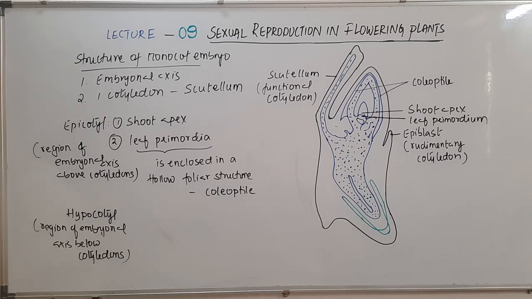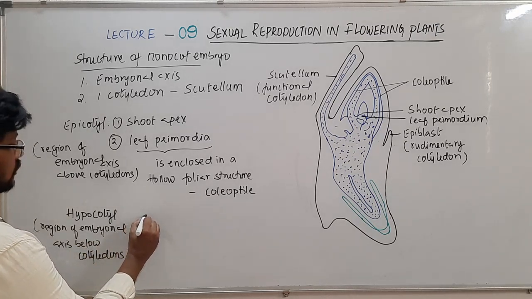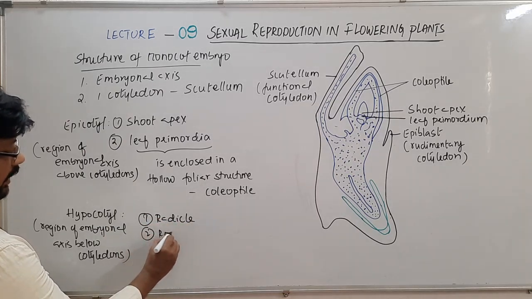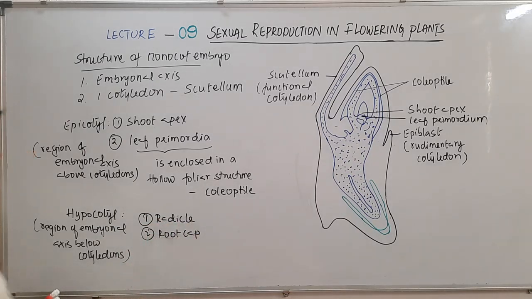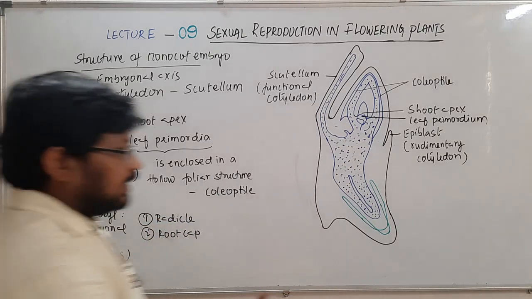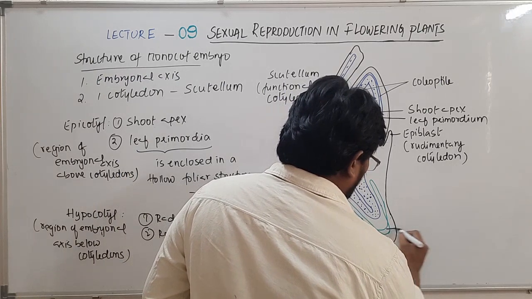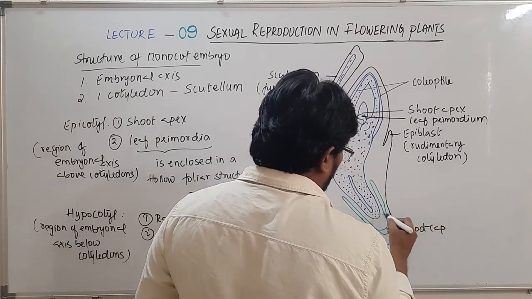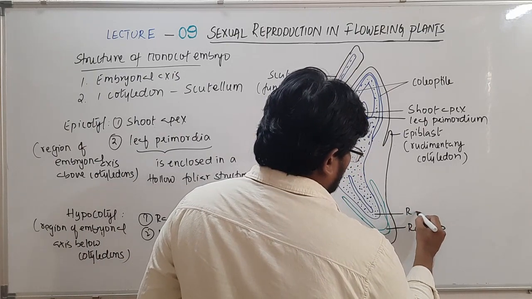This region consists of the radicle and the root cap. In this case you can see this is the root cap, and below or behind this is the radicle.